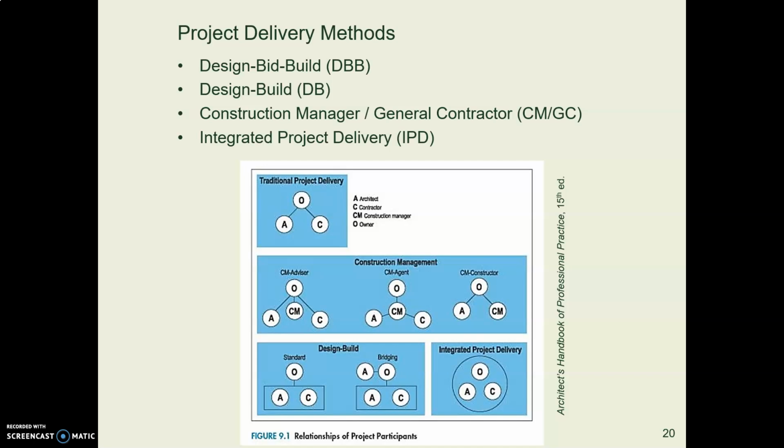And where in the process that moment happens and what the reporting responsibilities of the contractor are, we differentiate these different project delivery methods, and you may have run into these before.